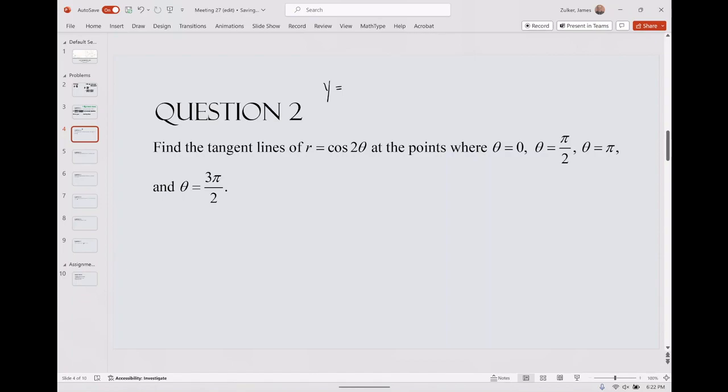dy dx is r prime times sine of theta plus r times cosine, divided by r prime times cosine minus r times sine. I just realized this is not going to give me enough room.